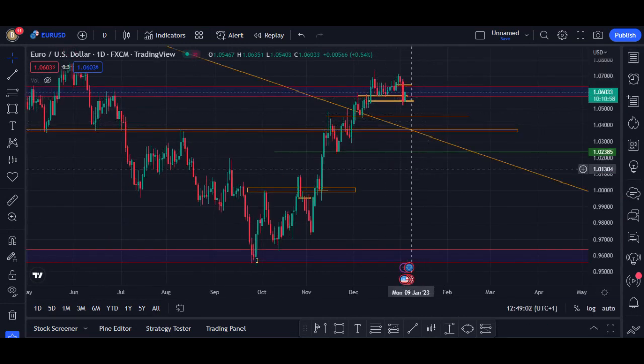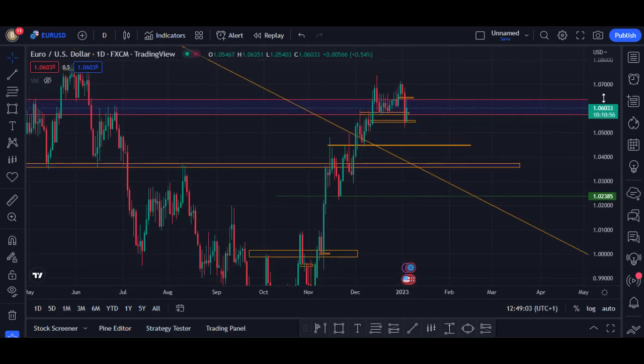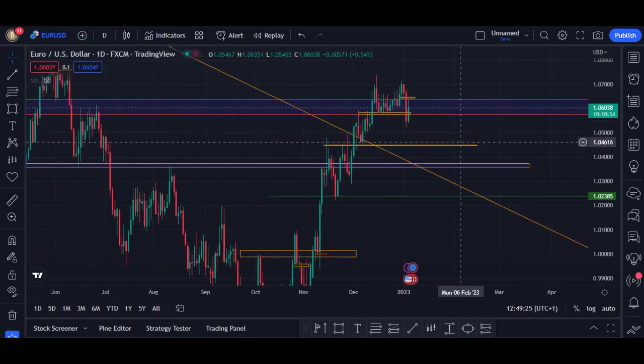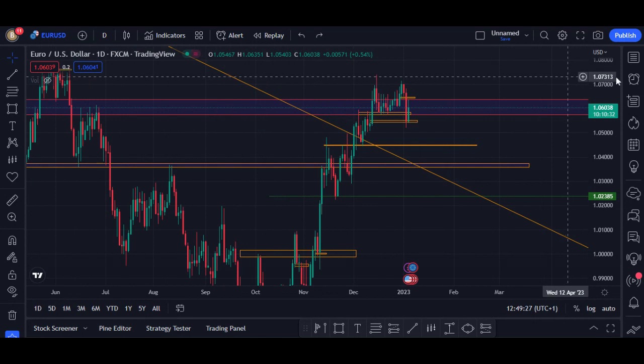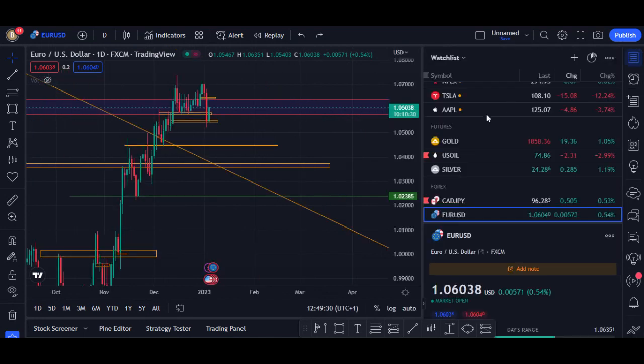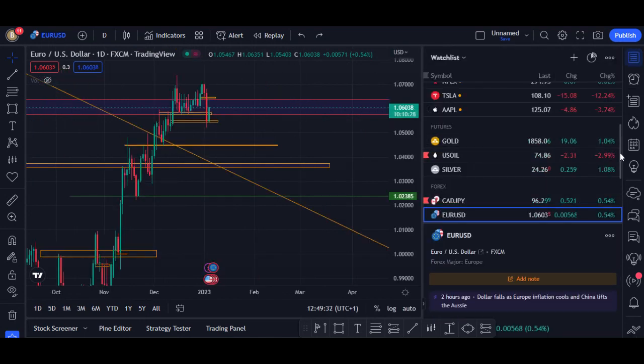Sorry guys, my chart is quite dirty, but you can see we are having something like a double top formation on the daily, although we are waiting for price to properly tell us what it wants to do because the neckline is yet to be broken. Don't know if it's a fake out, but we'll just await proper price action, right? So meanwhile, we are having something that looks like a double top formation on the Euro USD.